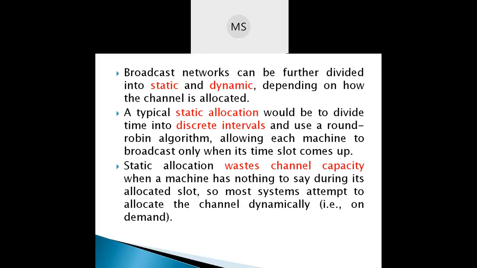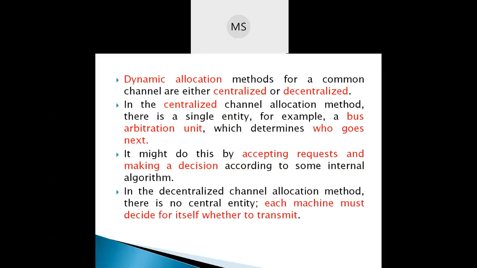Static allocation has the disadvantage that it wastes channel capacity. So another option is allocating the channel dynamically. A dynamic allocation method for a common channel means that as per the requirement, the channel will be allocated. This channel allocation can be done either centralized or decentralized. In the centralized channel allocation method, a bus arbitration unit determines who goes next.